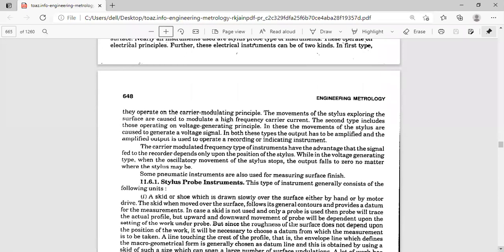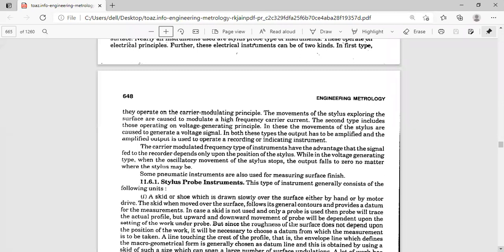So in this, the oscillatory movement of the stylus stops, now in the voltage generator type, the output falls to 0. That means, already I told you, this principle is used in the Wheatstone bridge also. So when the Wheatstone bridge is balanced, it means you're either not applying that particular instrument to a smooth surface or a rough surface, or it is in a static state.